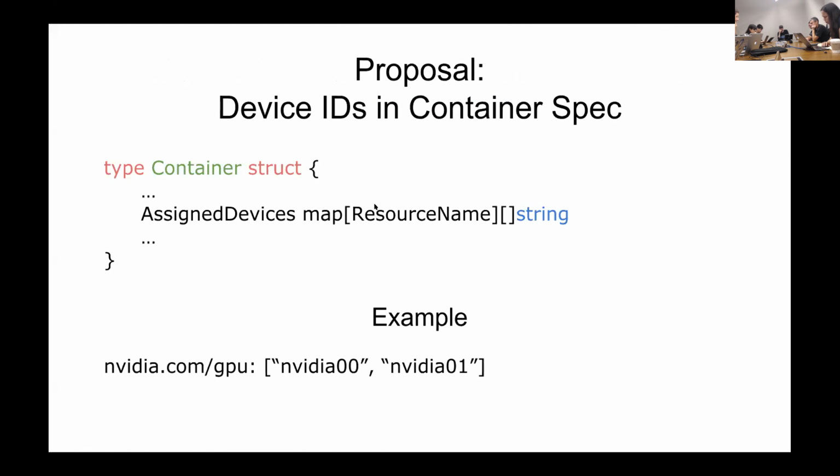So you could assign a device with the same name, but belonging to a different resource, to the same pod. I could get device number 1 from a whole bunch of different resources, each known by a different plugin.